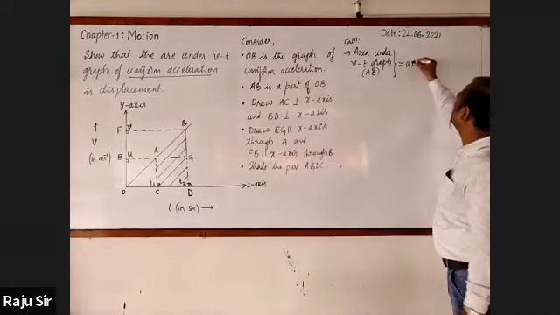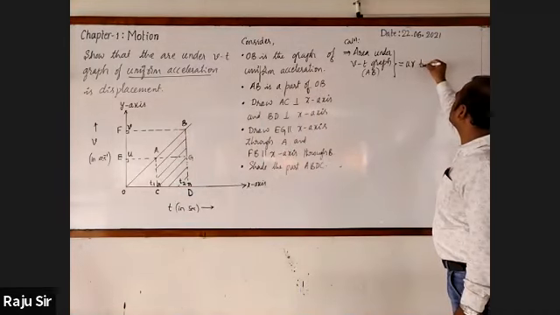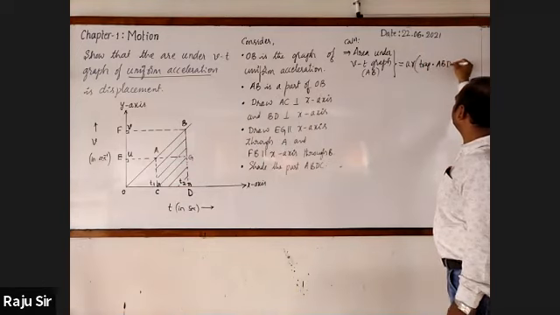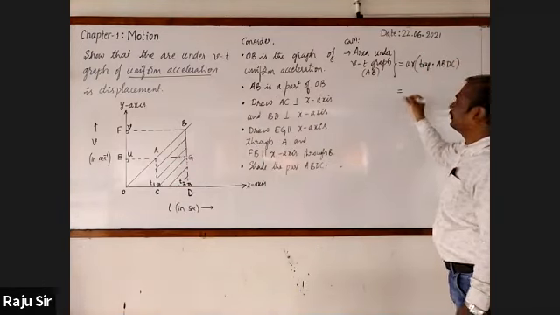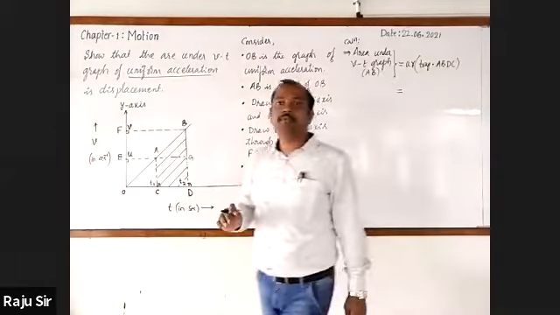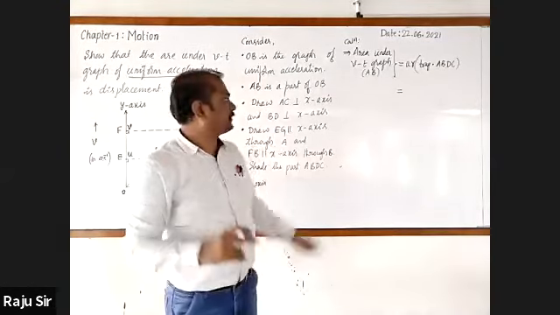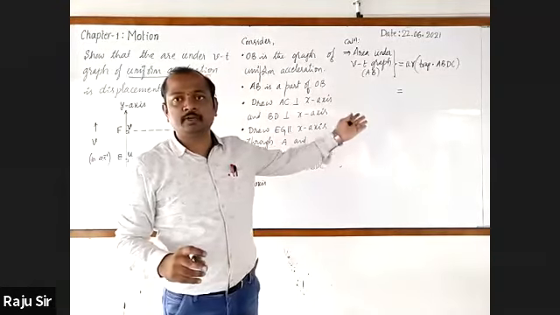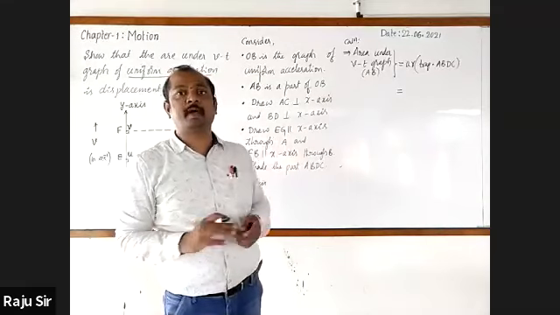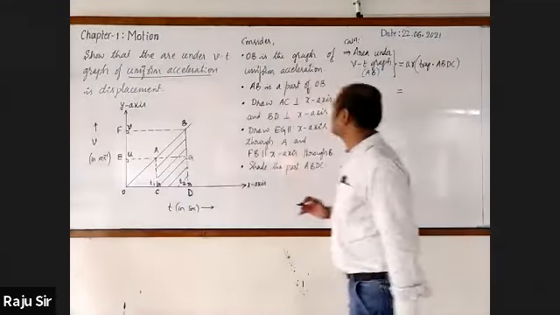Right. And we have a formula to find out area of trapezium. It is half into height into sum of parallel sides. Let me write the same.